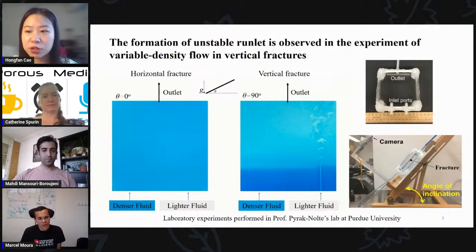The fracture aperture ranges from 2 millimeter to 4 millimeter, but I think it's a 3D experiment. Okay, yeah. So if it is 3D, it will be even more similar, I think. Yeah. It really looks like a candle wake underwater.